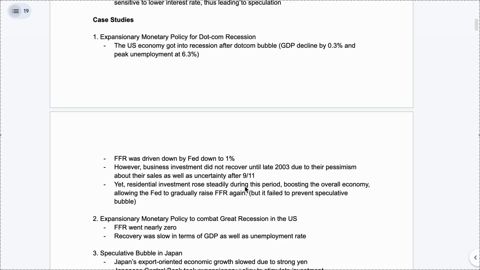Okay, so residential investment was increasing. It's maybe not the type of investment that we necessarily want in terms of long-term economic growth. I would say it's not as effective in expanding productive capacity as building more factories and investing in new machines.